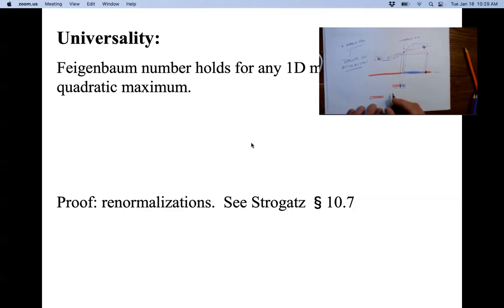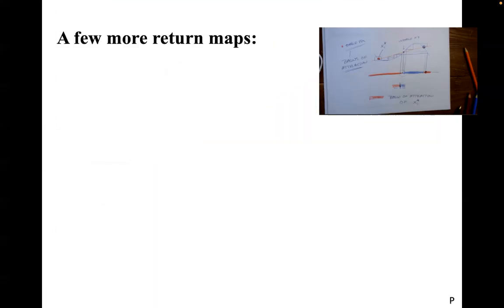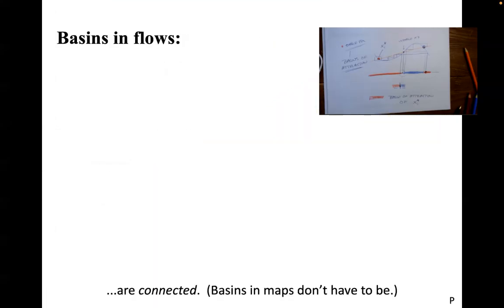This is the basin of attraction of, I'll give this guy a name, X1 star. Let's call this X1 star. And that basin has two separate pieces that are not connected. And that's weird. Okay, so basins of attraction in maps can be disconnected.